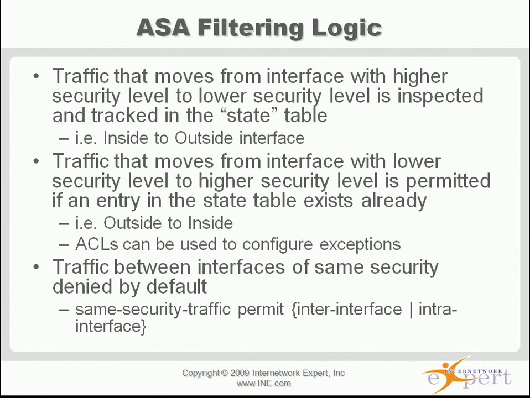So if I have, say, an inside interface and a DMZ interface, and those have both defaulted to 0, if I want to allow traffic, I have a separate command for that, the same-security-traffic command. If I don't have that command in, it's not going to allow that traffic regardless of any access list configuration or anything else on the device.